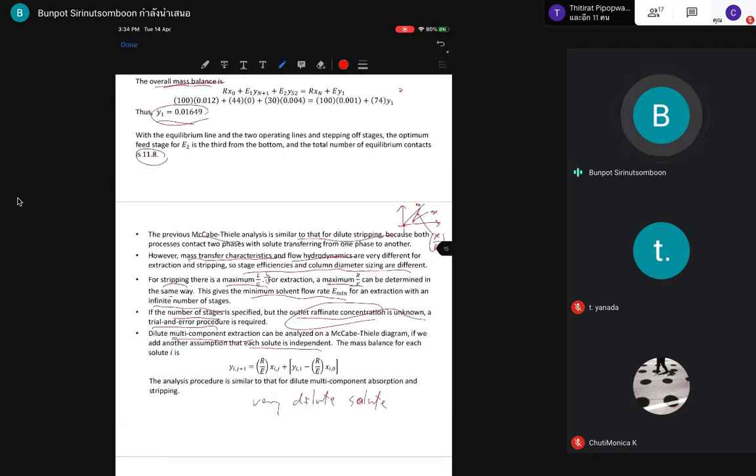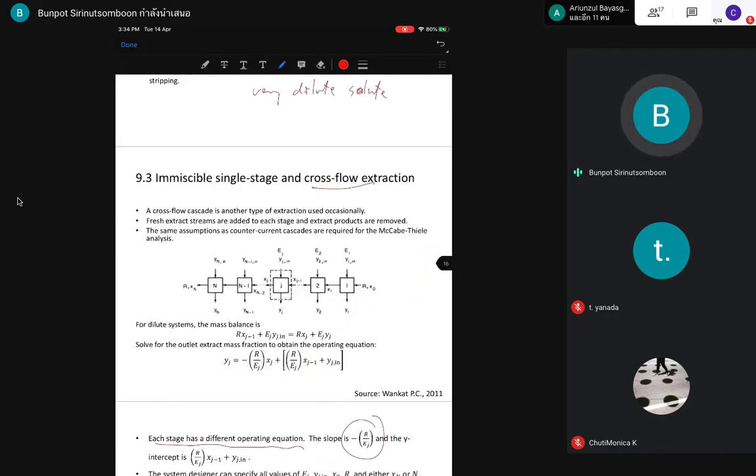For the counter current, it's yj plus 1 and xj that are on the same operating line. But for cross flow, it's yj and xj. Do you see the difference?